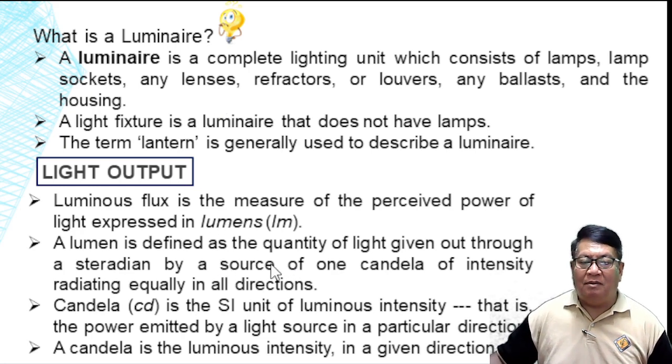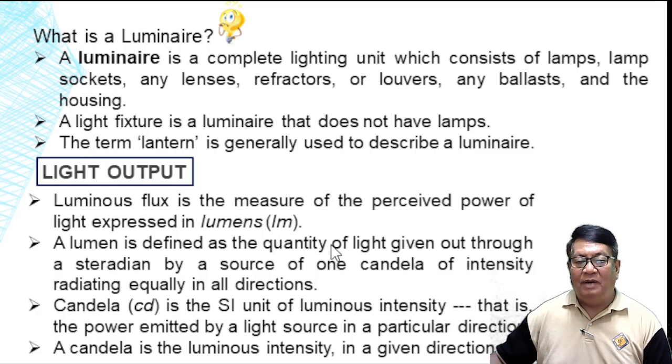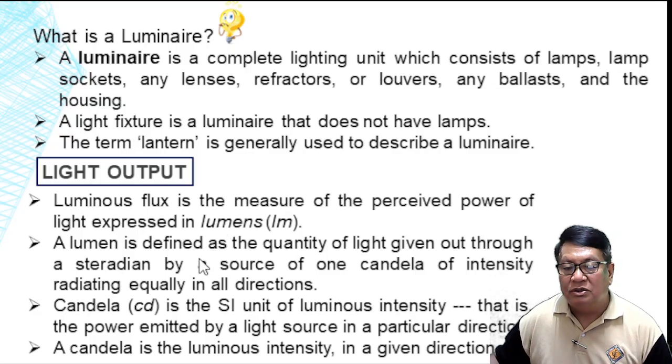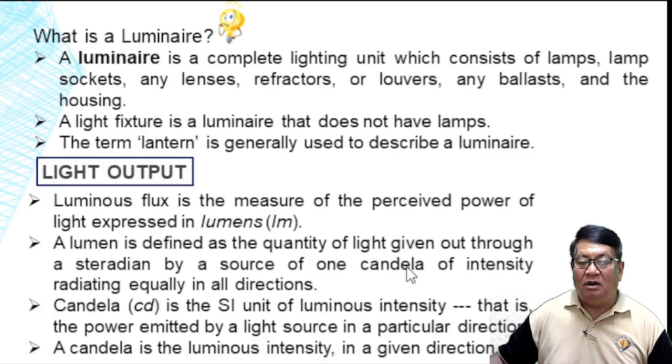Then we have the light output. Luminous flux is the measure of the perceived power of light, expressed in lumens. Lumen is defined as the quantity of light given out through a steradian by a source of one candela of intensity radiating equally in all directions.